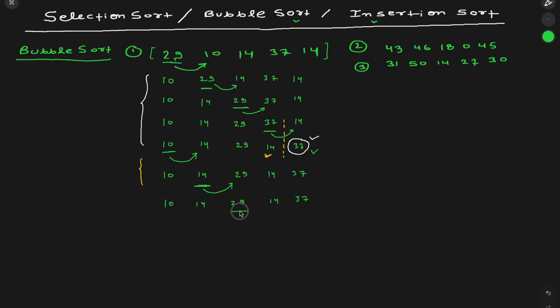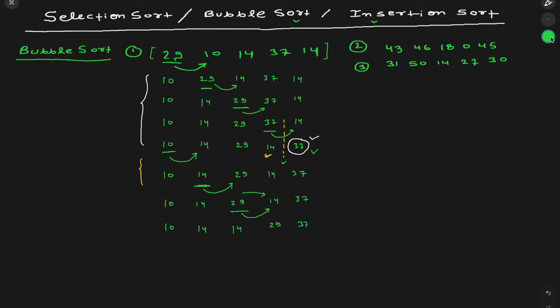In the next check, 29 will be checked with the next element, 14. 14 is less than 29, so 29 will swap here and 14 will swap here. In the next iteration, 14 will go here and 29 will go here, and as we discussed, we will iterate till here. So my iteration is done.